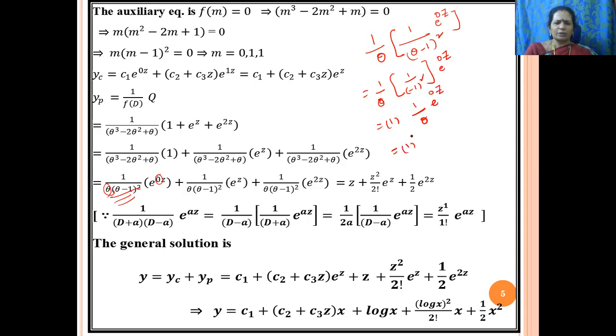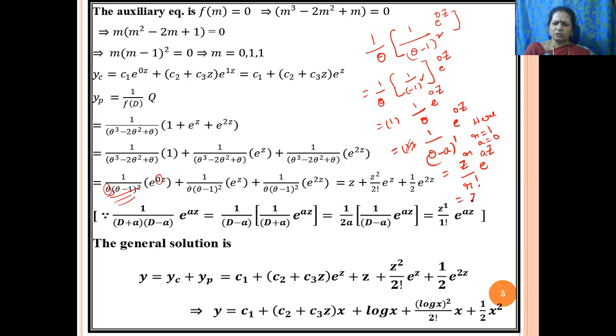ఇప్పుడు ఏం చేస్తాము, 1 అంటే ఇది 1, నో నీడ్ టు రైట్. దెన్ ఇప్పుడు దీనికి ఫార్ములా, ఈ ఫార్ములా అప్లై చేయండి. ఈ ఫార్ములా మనం చెప్పాం కదా, ఈ ఫార్ములా అప్లై చేస్తే వాట్ విల్ గెట్, దీన్ని ఎలా రాస్తాము, θ మైనస్ a హోల్ టు ద పవర్ ఆఫ్ r, r అంటే 1 ఇంటూ e⁻0z, రైట్. సో దీని ఫార్ములా ఏంటి, z టు ద పవర్ ఆఫ్ r బై r ఫ్యాక్టోరియల్ ఇంటూ e⁻az. సో హియర్ what is r value here, r is equal to 1, right, and a is equal to 0, right.